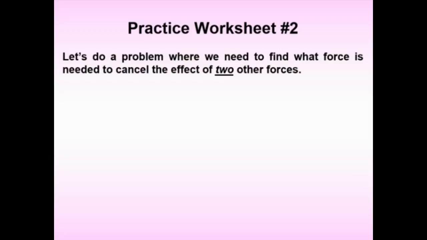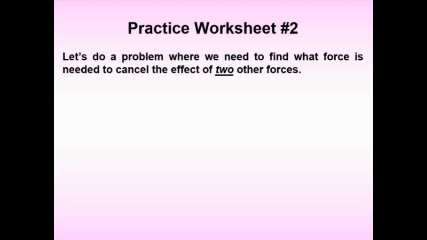When all the forces are canceled, what's the net force? There you go. So now, instead of having 3 forces and calculating F net, I'm giving you 2 forces, I'm giving you F net of 0, and I'm asking you to find the third force. So let's say, for example, I gave you FA and FB, and I want you to find FC such that it kills the effect of FB and FA. It neutralizes them.